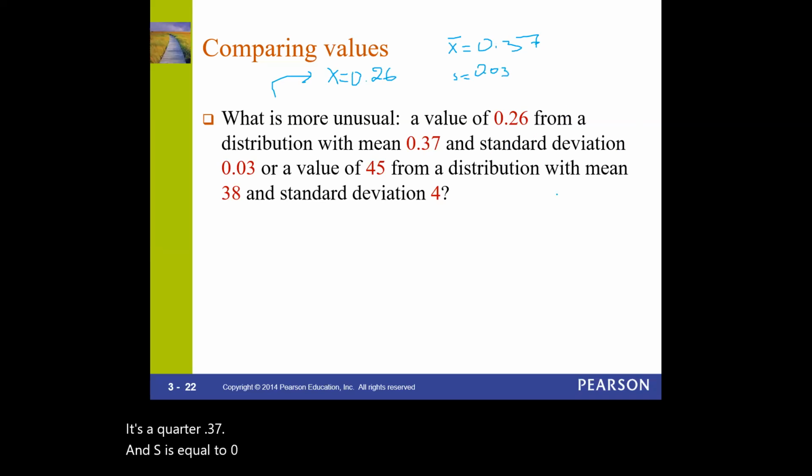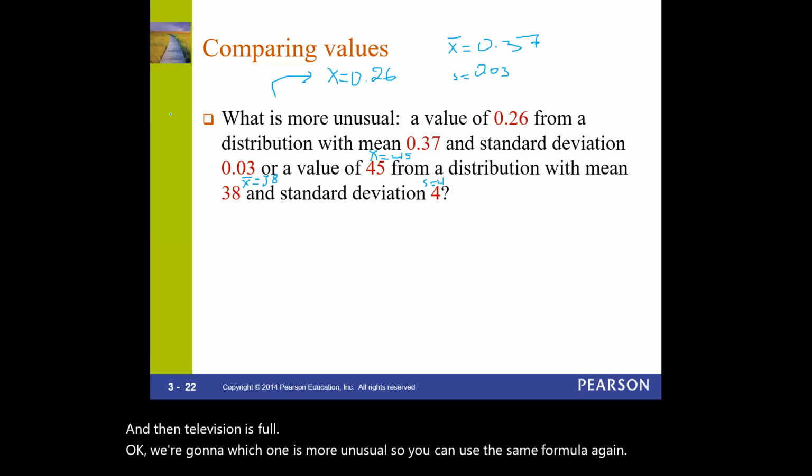And the next value is over here: X is equal to 45, X bar is 38, and the standard deviation is 4. Which one is more unusual? So you can use the same formula again.